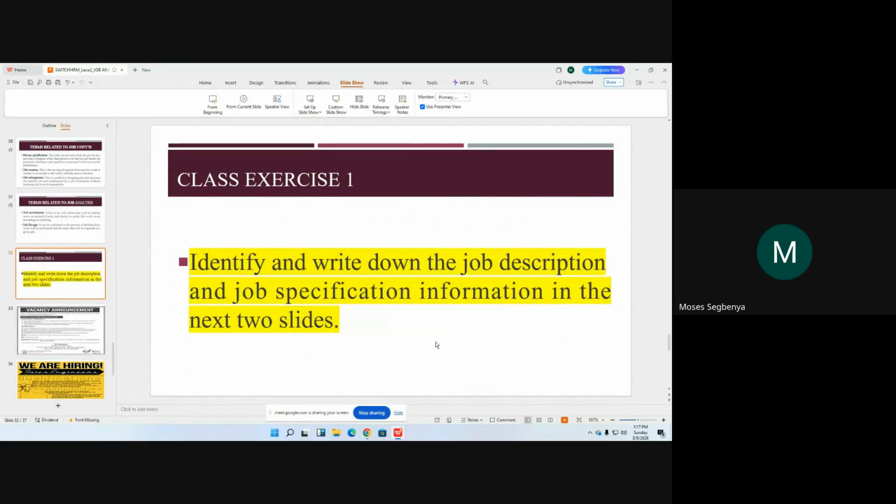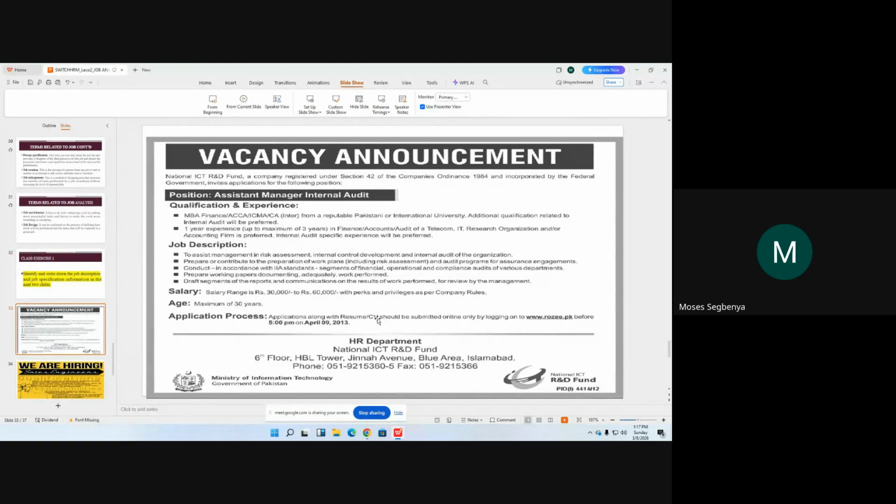Identify and write down the job description and job specification information in the next 2 slides. So here, we are supposed to do this right now before going to the next presentation. You can see that in this advert, the job specification is first, but they didn't call it job specification.